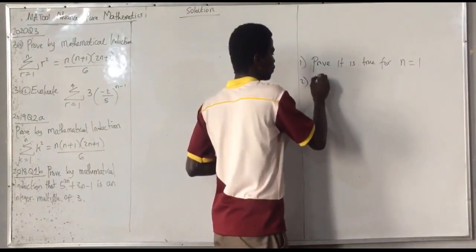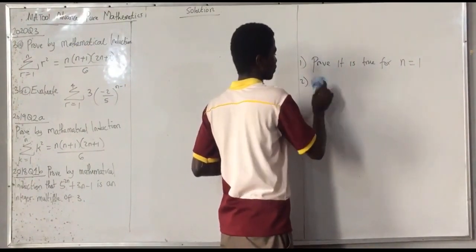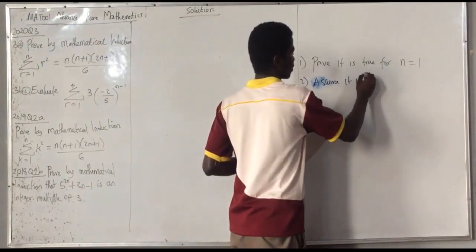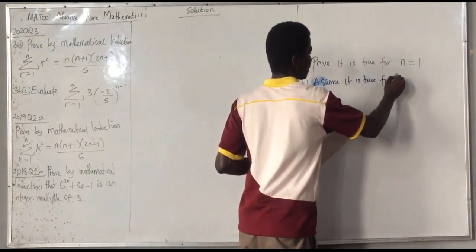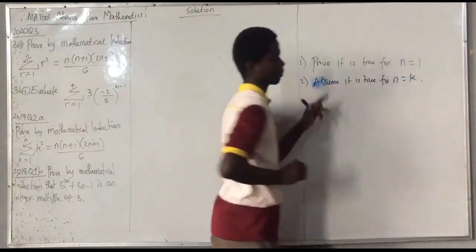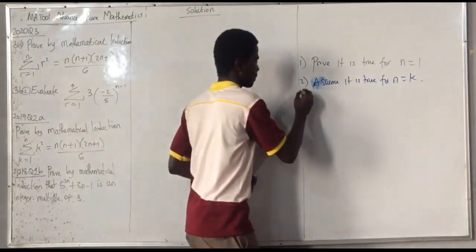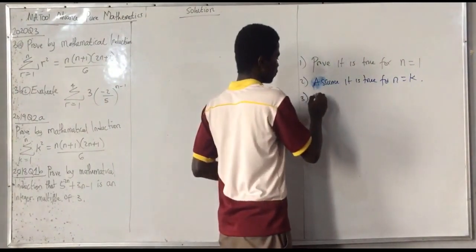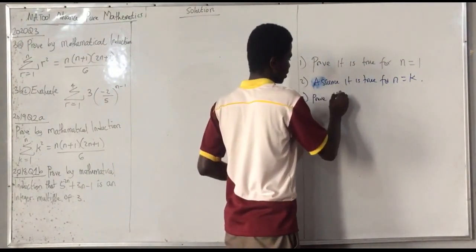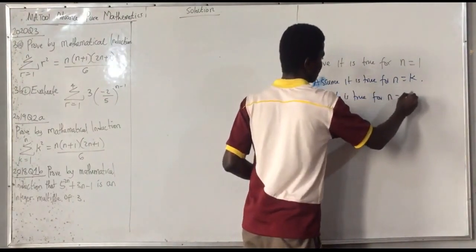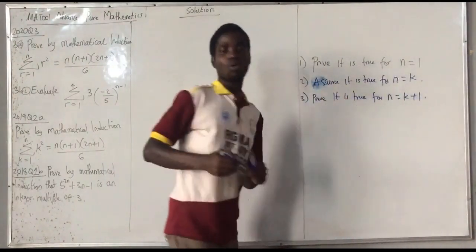Number 2, assume it is true for n equal k. Assume it is true for n equal k. Then third, prove it is true for n equal k plus 1.